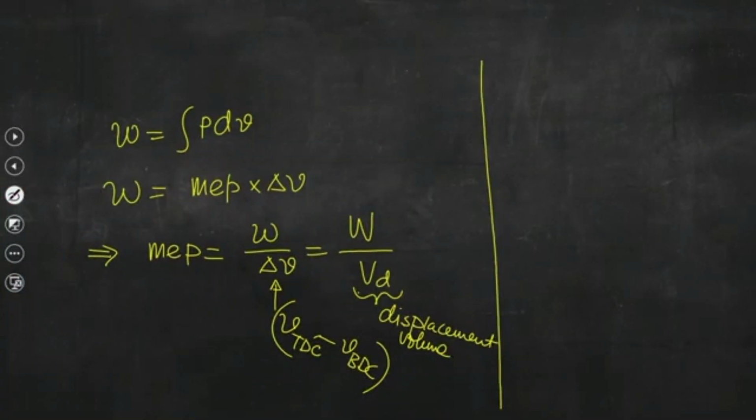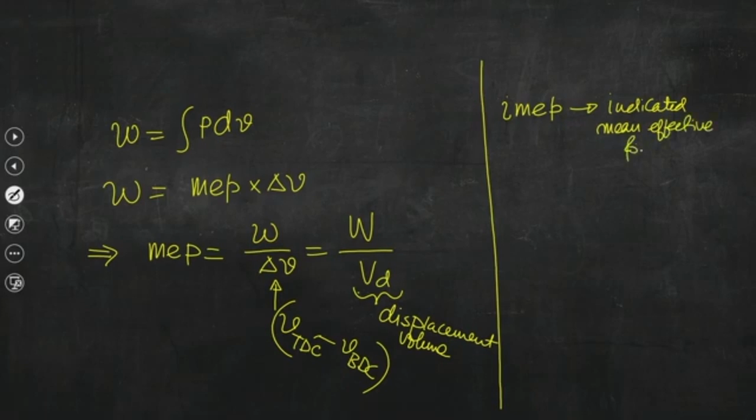So, basically we have first IMEP. This stands for indicated mean effective pressure. Similarly, we will be having BMEP.